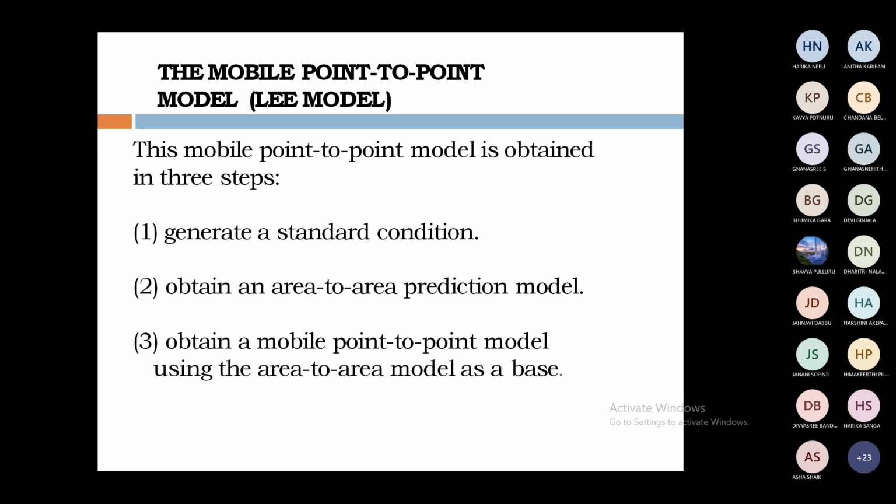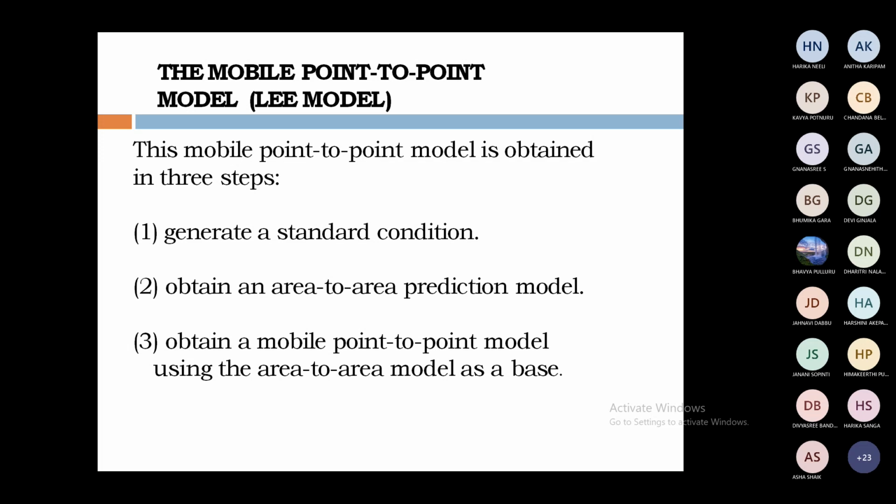Here, how to generate this mobile point-to-point model? This mobile point-to-point model has 3 steps. First one is generate a standard condition. Second one, obtain an area to area prediction model. Third one, obtain a mobile point-to-point model using the area to area prediction model as a base.